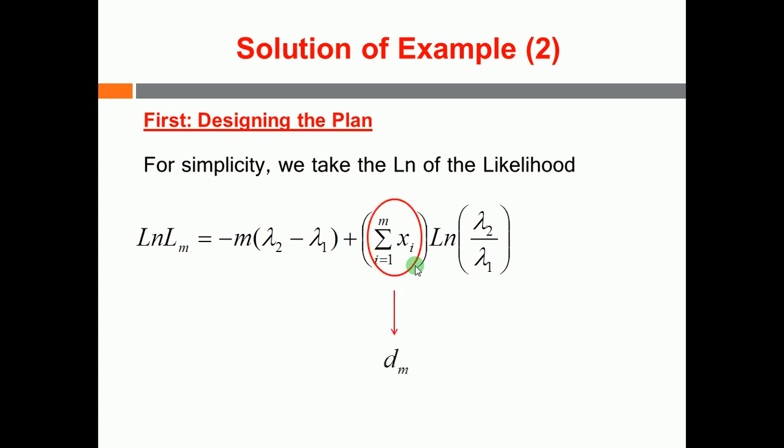Recall that the sum of xi here was representing the DM. Based on the definition, DM represents the cumulative number of defective items till the investigated item number m. Here it is the same, I preserve the same definition of DM. The only idea is that we can say that the sum of xi represents the cumulative number of defects per item.